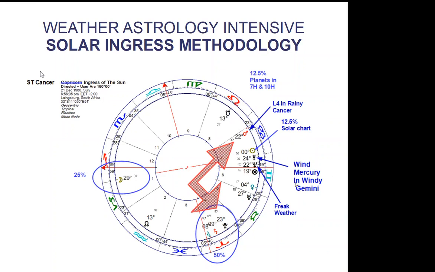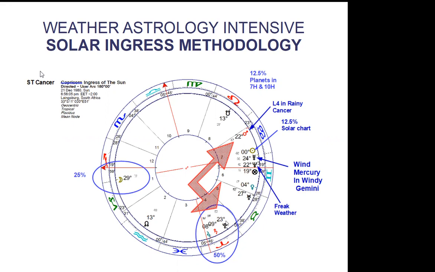Here we've got the wind, Mercury in Gemini in the 7th, angular, Neptune freak weather pretty close to that 7th cusp, nothing in the 10th. And notice that Mars, the turbulent Mars, is applying within 1 degree to Pluto.